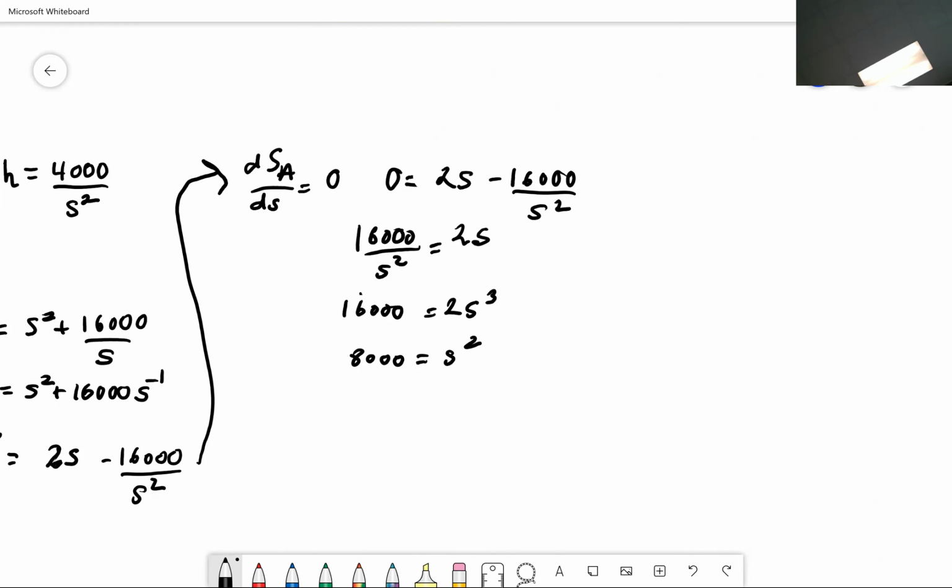And so now you get 8,000. Still feels wrong, but it looks better though. Because I wrote a 12 instead of a 2. So S equals the third root of 8,000, which is 20, and that's the correct answer.